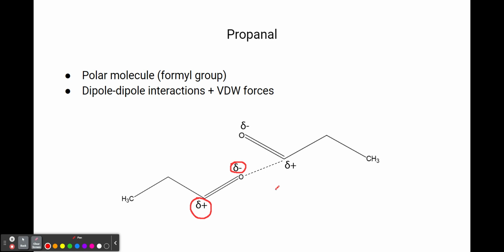And when you have two propanal molecules, the partial negative end of the molecule will interact with the partial positive part, which is just between the oxygen and the carbon. This forms a dipole-dipole interaction, and van der Waals forces can also occur between propanal molecules.